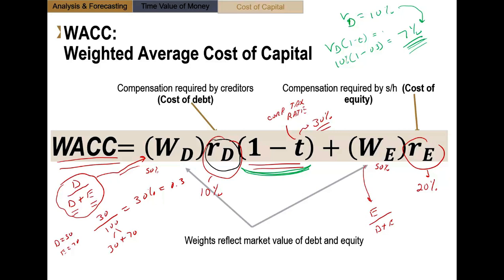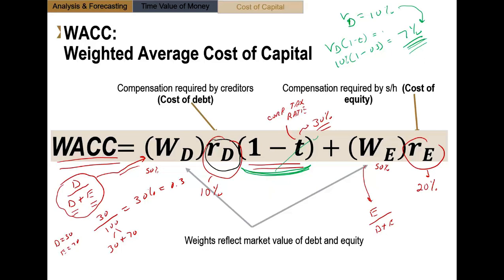If your country does not have any corporate taxes, then of course the T will become 0, and there's no effect. But in the countries that do allow the tax deductibility of interest, that has to be incorporated into the weighted average cost of capital, because what effectively is happening is that the government is in a way subsidizing you and allowing you to reduce your cost of debt.